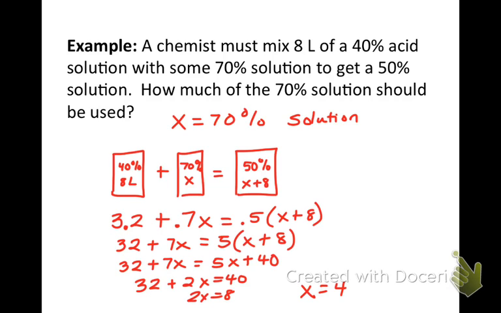Did you guys get 4? So that means 4 liters. Yeah, so we have 4 liters of the 70% solution.